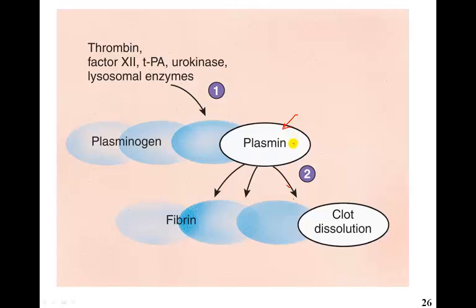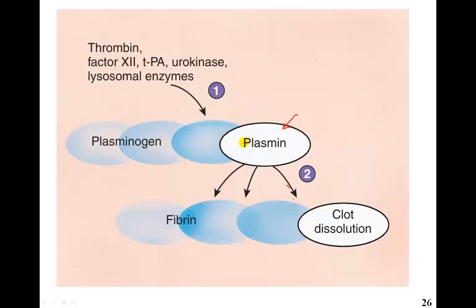Plasmin is a molecule that can break fibrin into little pieces of protein that don't stick together and basically causes the clot to dissolve. So plasmin breaks fibrin down into fragments and causes the clot to dissolve.